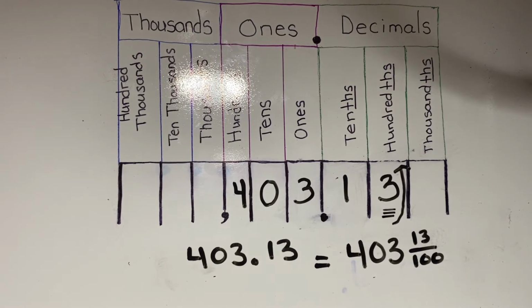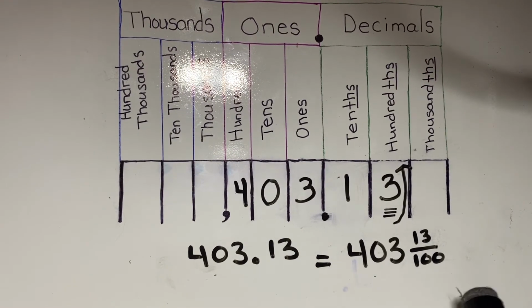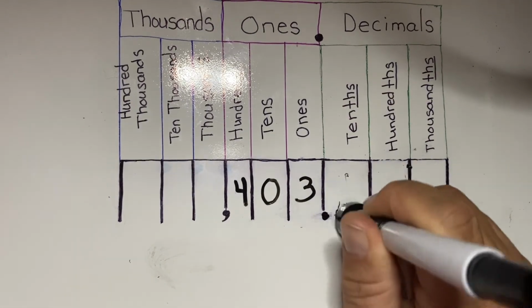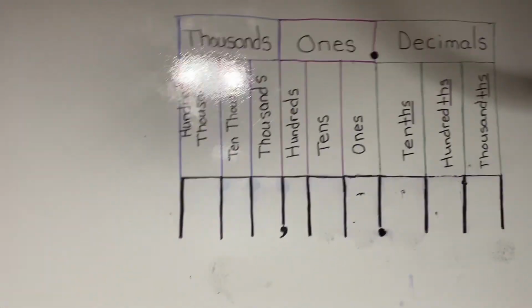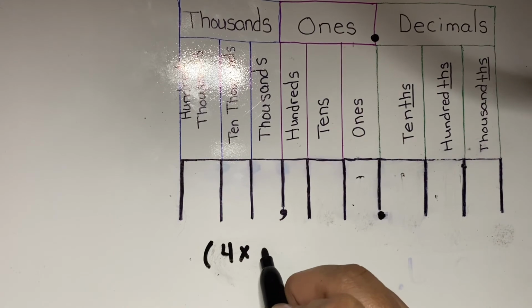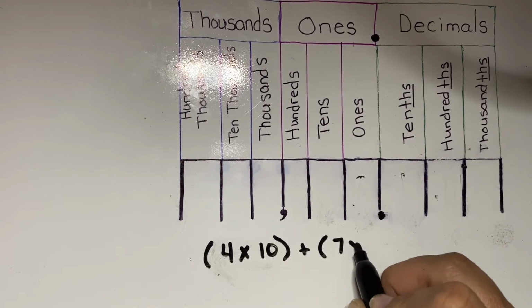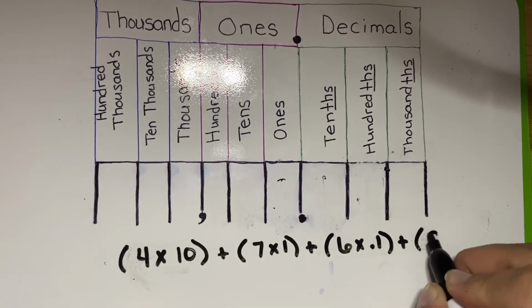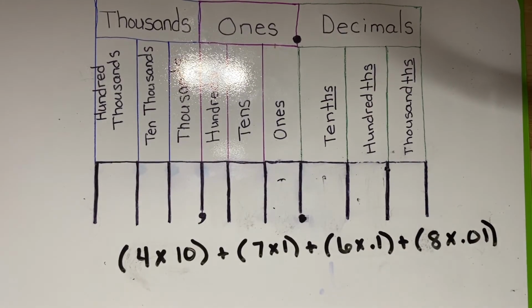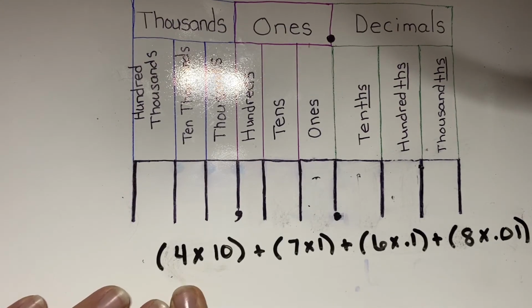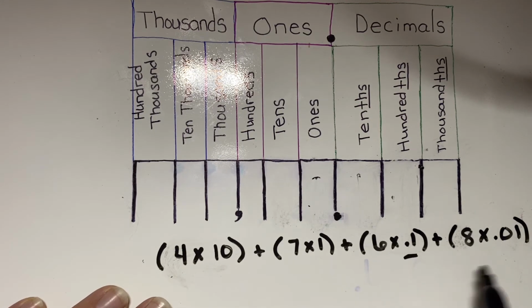So I have noticed the decimal being a bit of a confusion for some of you. So let's take a look at one more number, and I'm just going to put it down like this. Okay, here we have it. This is expanded form, but using decimals, not fractions.